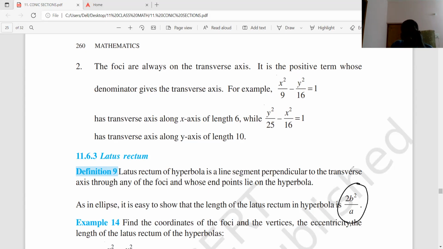What did we get yesterday? Same thing only, no?